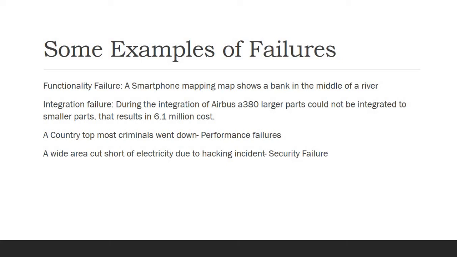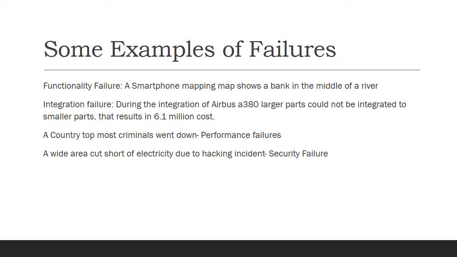Another example is a country whose topmost criminals suddenly went out. That is basically a performance failure, an issue of management. A wide area was blacked out of electricity due to a hacking incident. That is basically a security issue that results in the blacking out of electricity of an area.